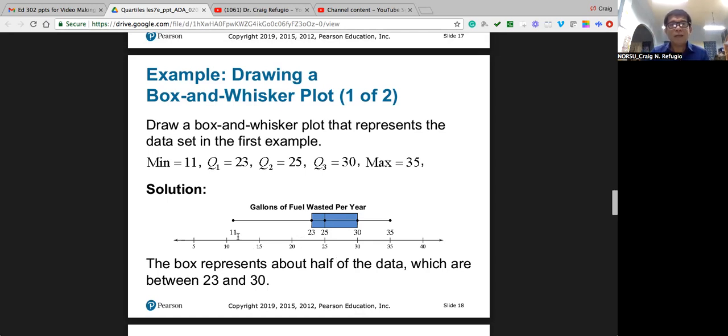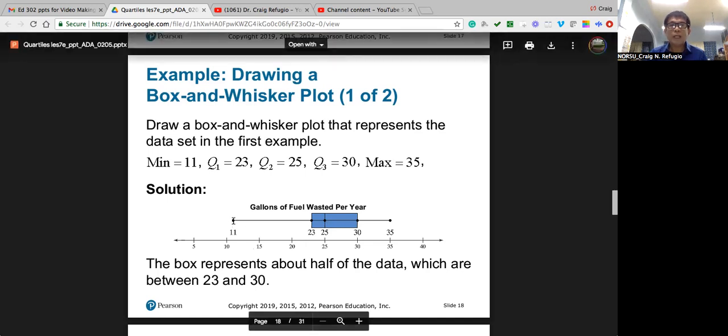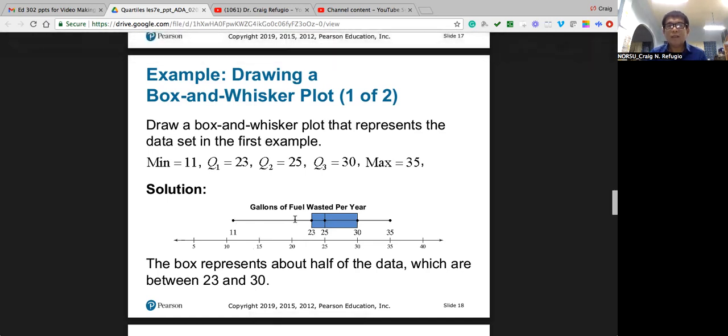So locate 11, this is the location of 23, this is the location of 25, this one is the location of 30, and this one is the location of 35. So connect 11 to 23, and then make a box wherein the box would not be that big, just connecting 23 to 30.